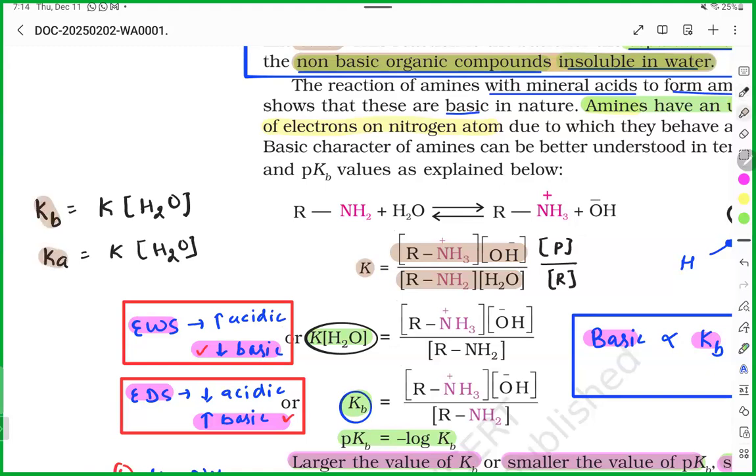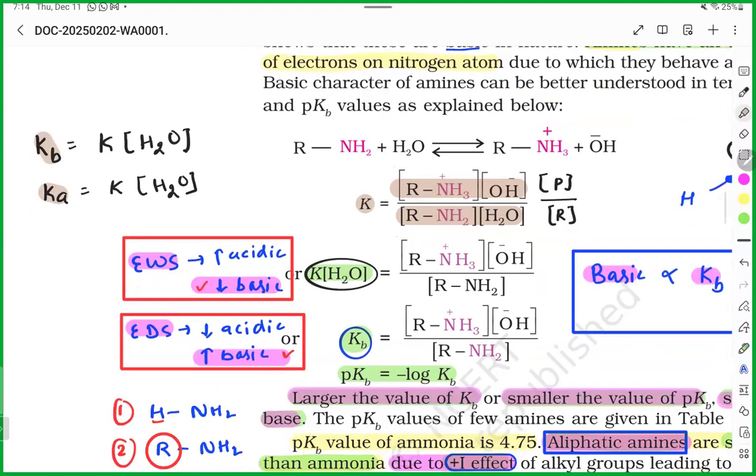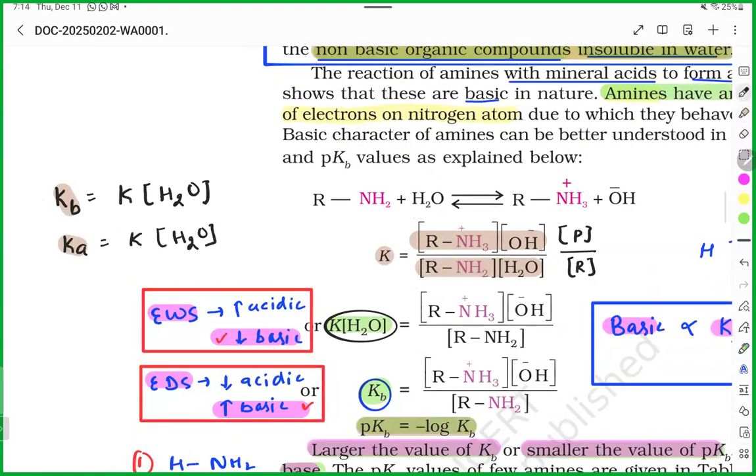Any doubt, guys? And pKb will be opposite to this, same way as pH is equal to minus log of H positive concentration, right? Same way, pKb will be minus log Kb.